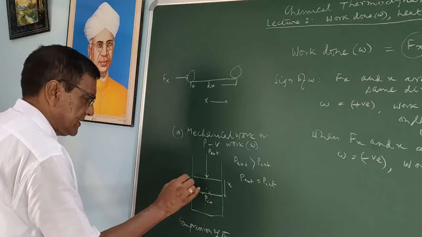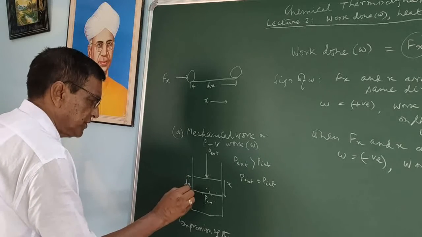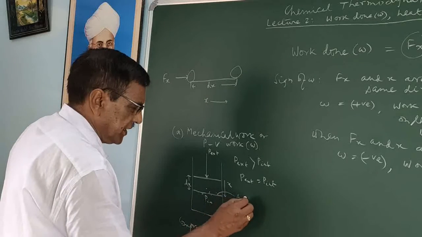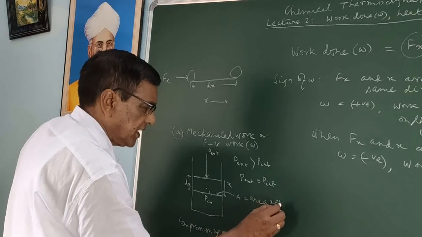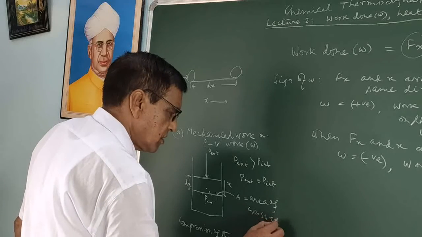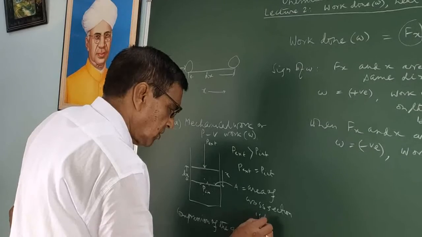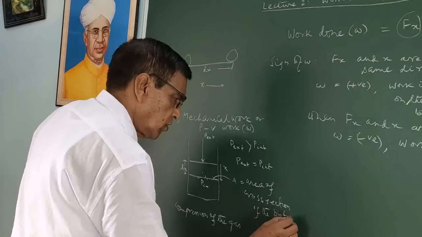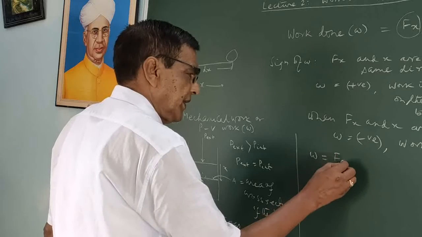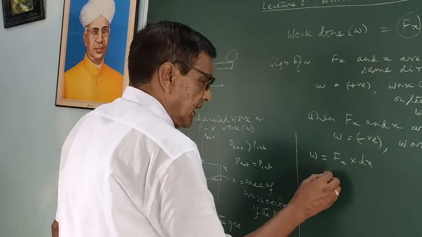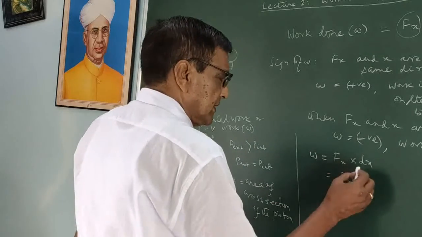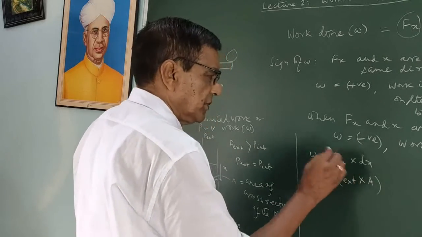Suppose this is the dx displacement of the piston, and the area of cross section of the piston is A. Then W equals Fx into dx, and Fx we can write as P external into area, since pressure into area gives the force.